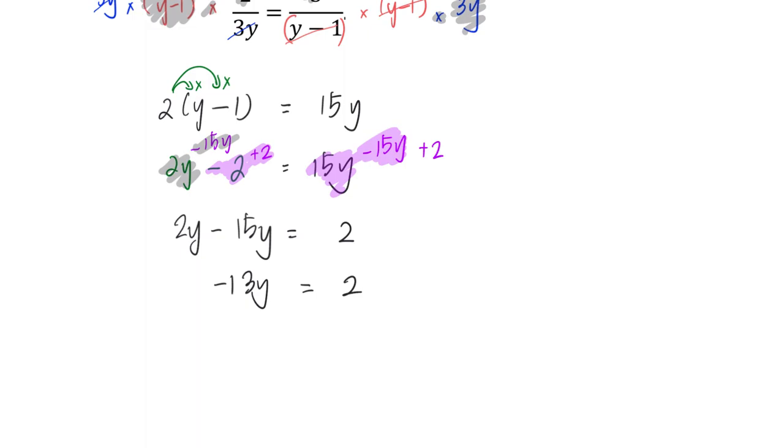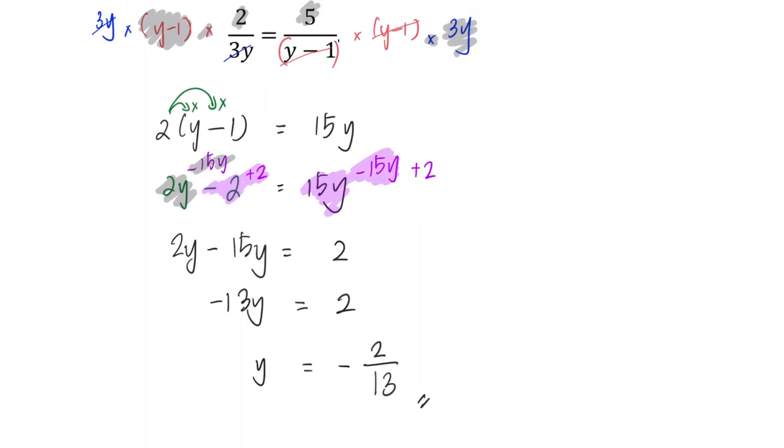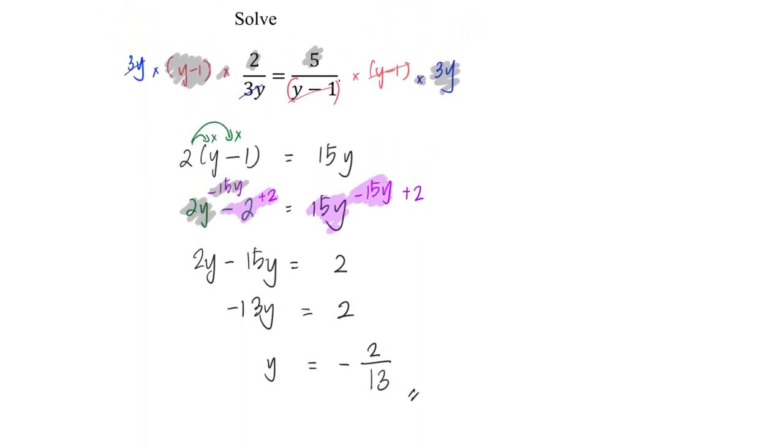And finally, I'm going to divide both sides with negative 13 to give me negative 2 over 13. And that will be the answer for this particular question. Let's move on to the next question.